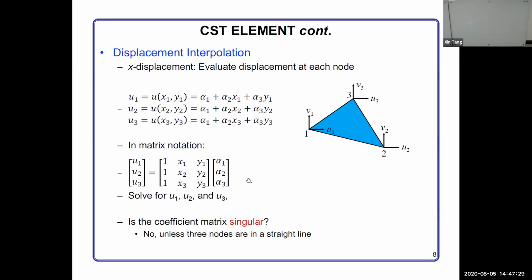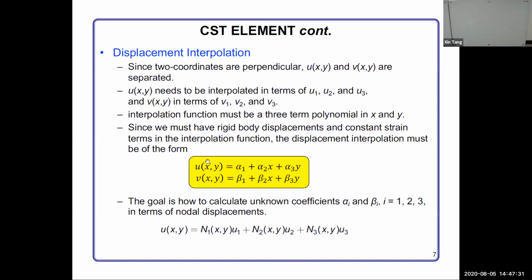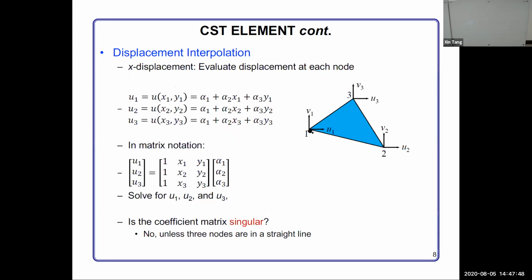Firstly, we know we are using the polynomial equation to simulate the displacement. Now, if we stand on the point 1, or node 1, you have a coordinate system on this node 1 as x1 and y1.